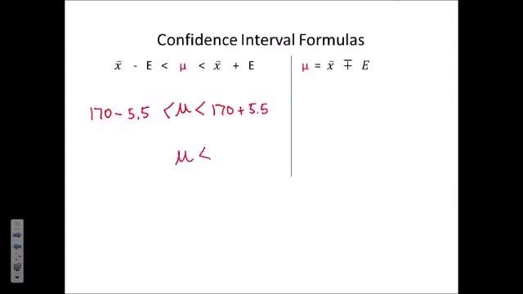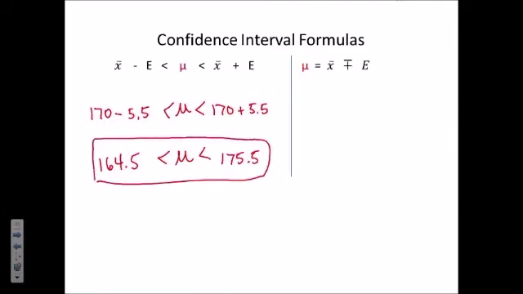That says that mu is between 164.5 pounds and 175.5 pounds. That's the 95% confidence interval for the mean weight of all New York City police officers.